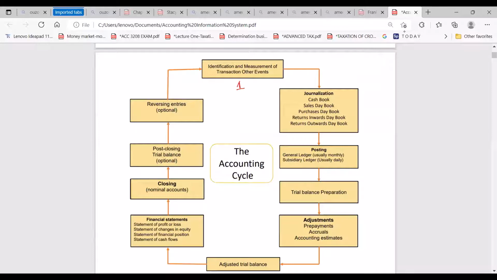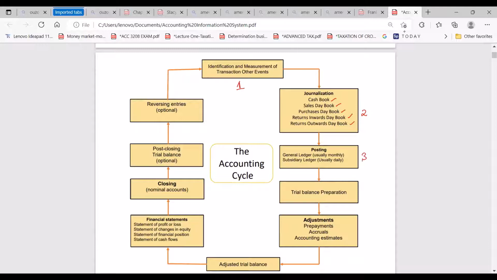The second step is generalization, which means recording transactions in the books of original entry, the journal, and this includes cash book, sales day book, purchases day book, sales return inwards day book, or return inwards day book, and return outwards day book.